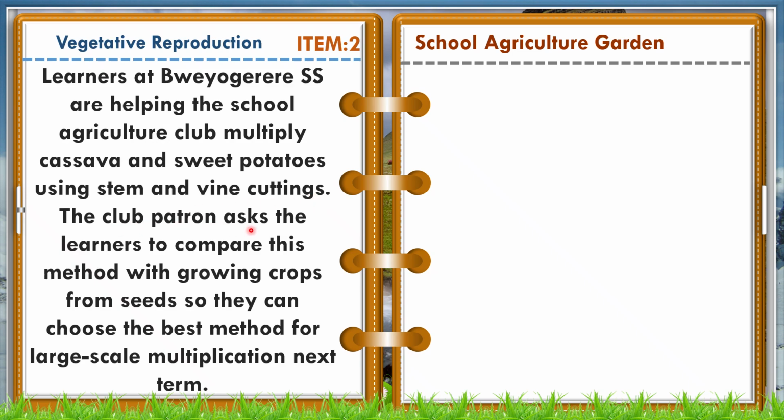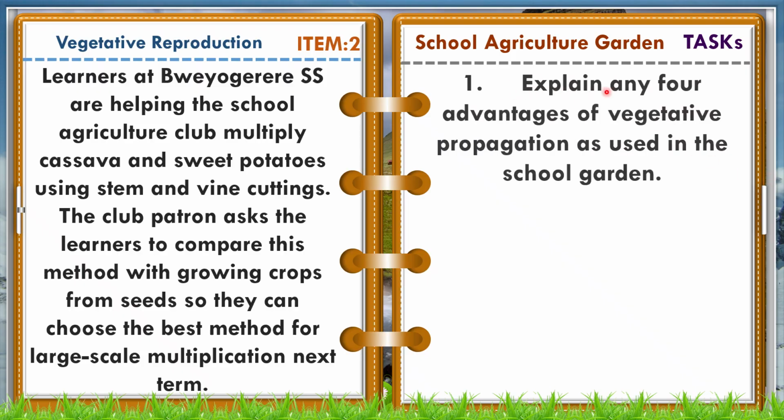The club patron asks the learners to compare this method with growing crops from seeds so they can choose the best method for large-scale multiplication next term. Task: explain any 4 advantages of vegetative propagation as used in the school garden.